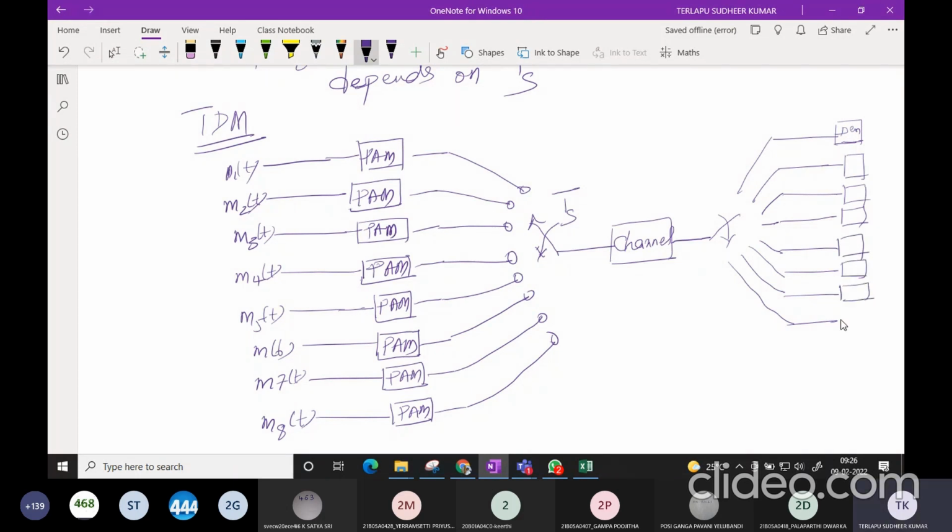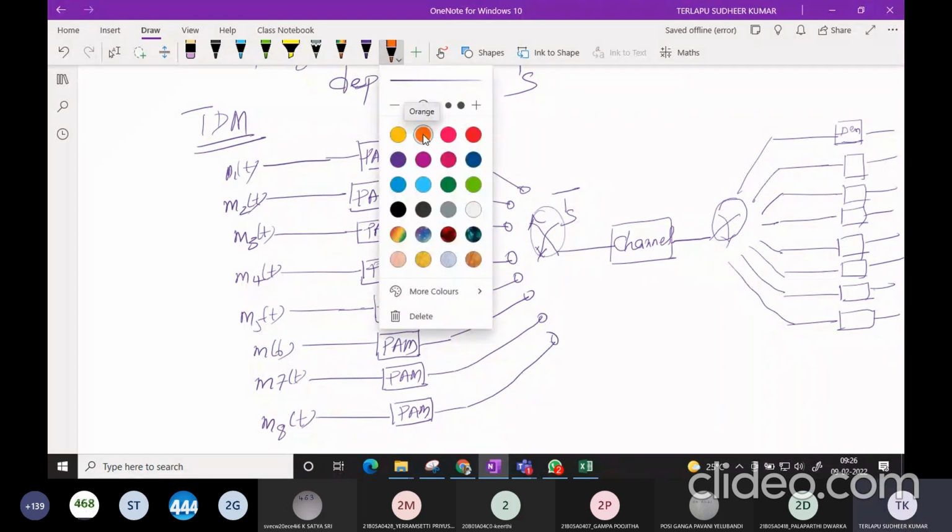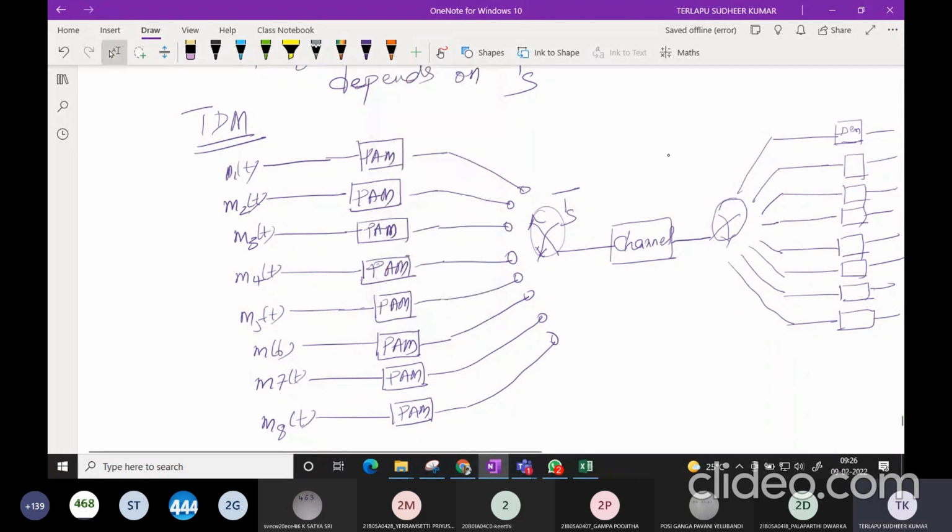Now the question here is, care should be properly taken both at the transmitter and receiver end in such a way that the operation of the switch on both sides should be synchronized properly.